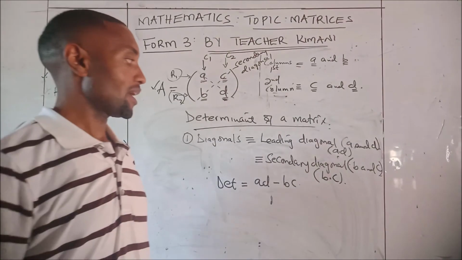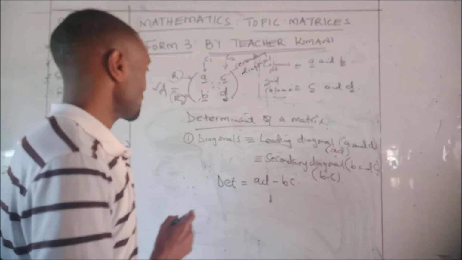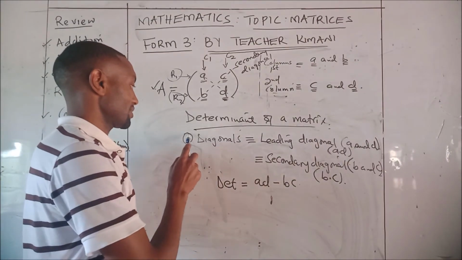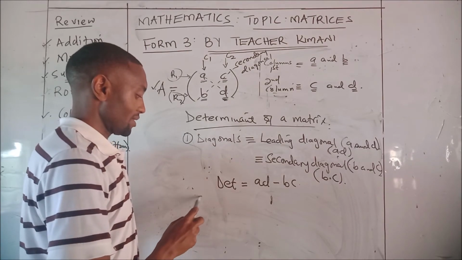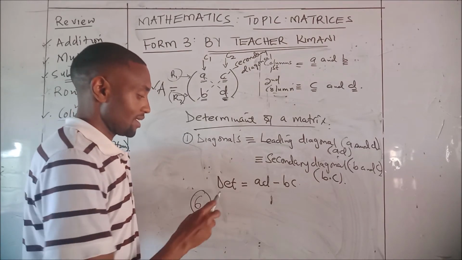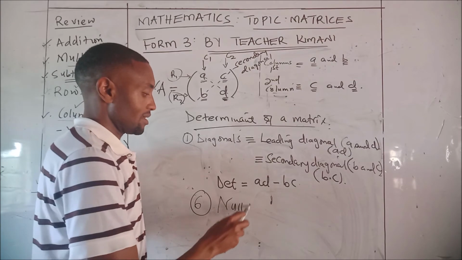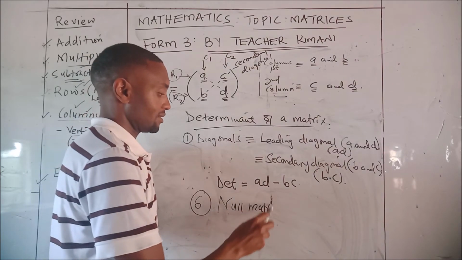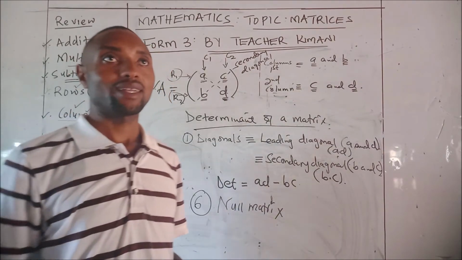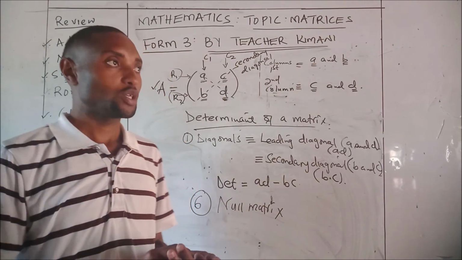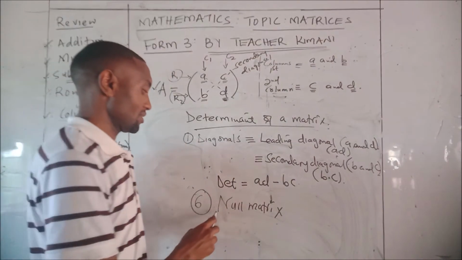Now, I want us also to look at what we call a null matrix, our number 6. What is a null matrix? From the word go, null means 0.